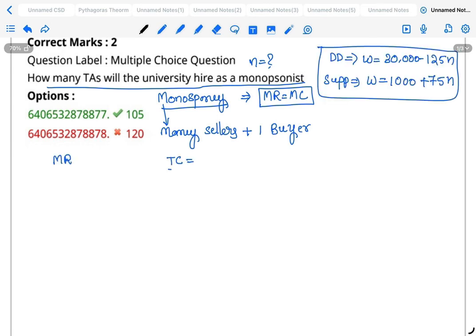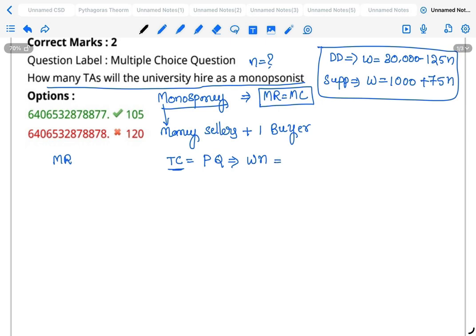Total cost equals P times Q, where P is the price and Q is the quantity. In this question, total cost equals W times N, where W is the wage and N is the number of TAs hired.